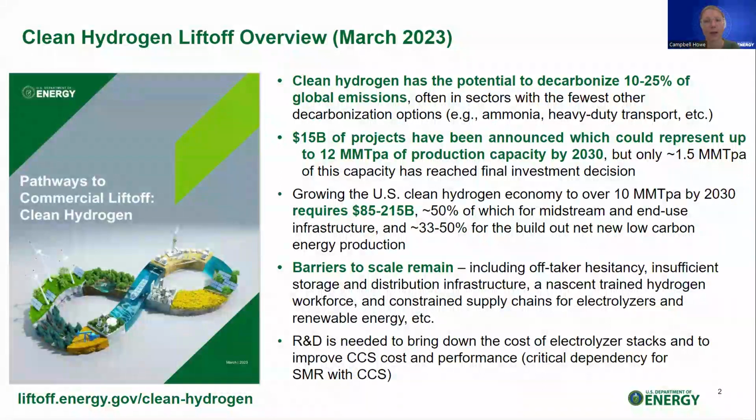And so if we are to hit the national strategy's target of 10 megatons by 2030, as Neha had pointed out, then the US will require an additional $85 to $250 billion of additional investments. Roughly half of that should go to midstream and end use infrastructure, and the other half to a third in upstream production.